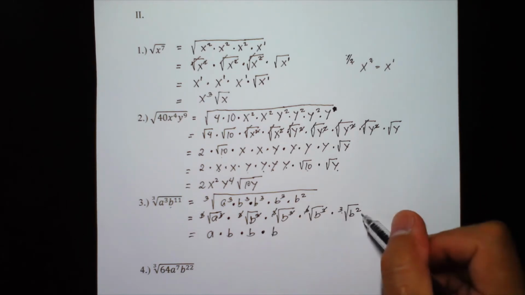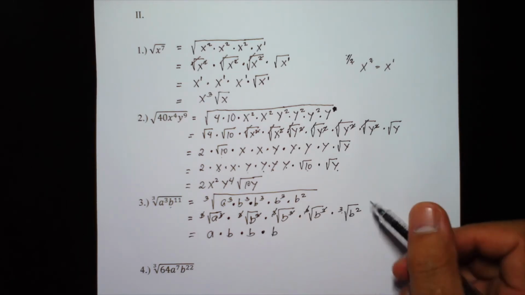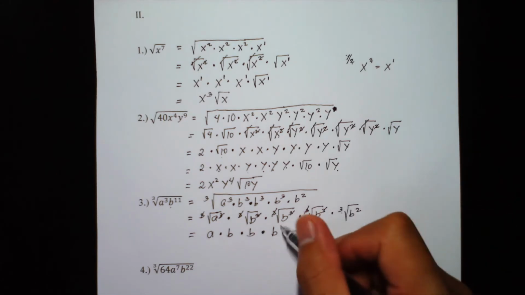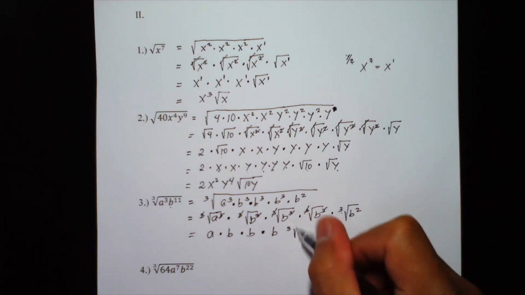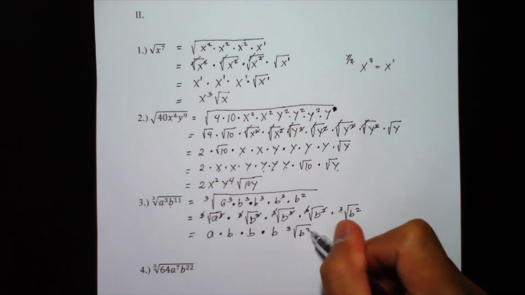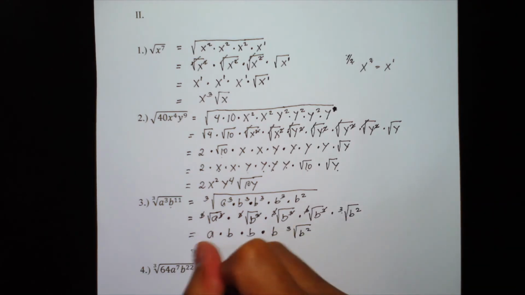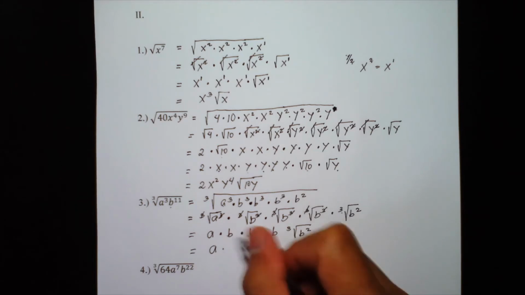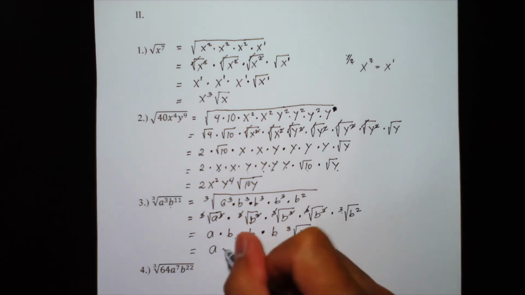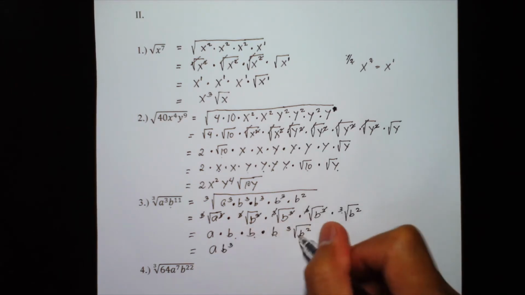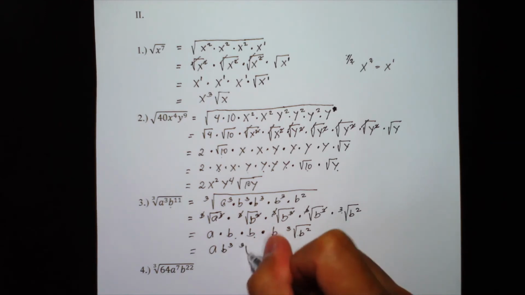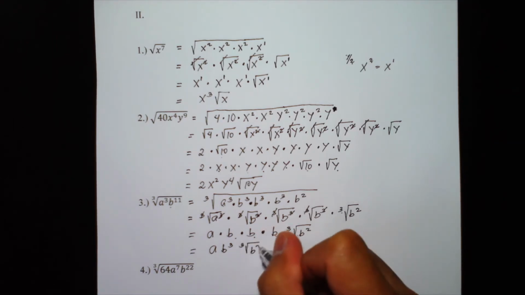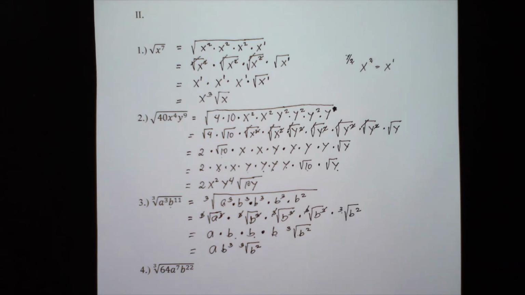Since b square cannot satisfy the cube root, it remains cube root of b square. So we multiply this: a, b times b times b, that will be b cube, then copy the cube root of b square. Okay, can you follow?